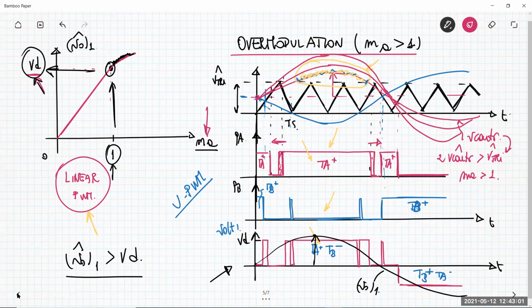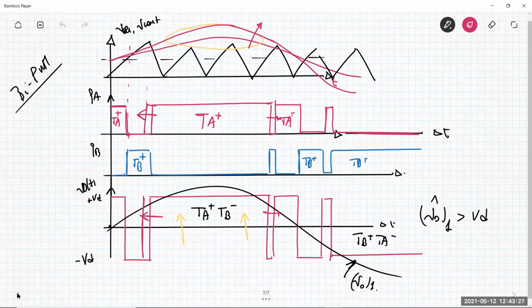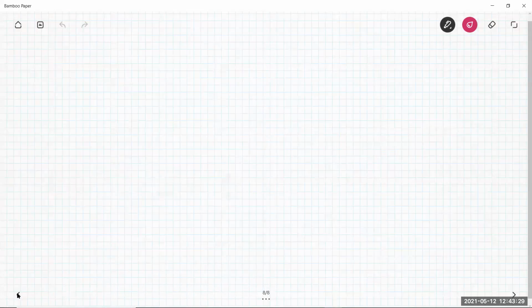The control voltage for all of T1 over 2 is always higher than the triangular waveform. So this part is so large that it covers all of T1 over 2. I want to describe this feature on a new page.